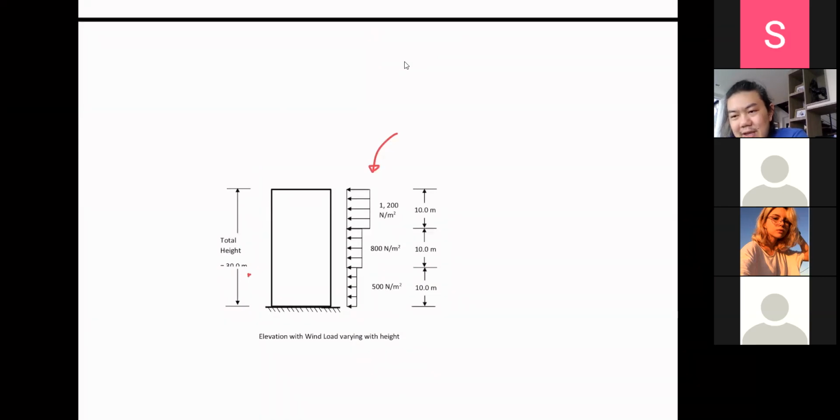The Building Act used to say, if you want to design a building, you can use this wind load on the building. The first 10 meters is equal to this, the next 10, and then the next, and you keep using this. You can start acclimatizing yourselves with the Building Act, because this semester you're going to be using that a lot.